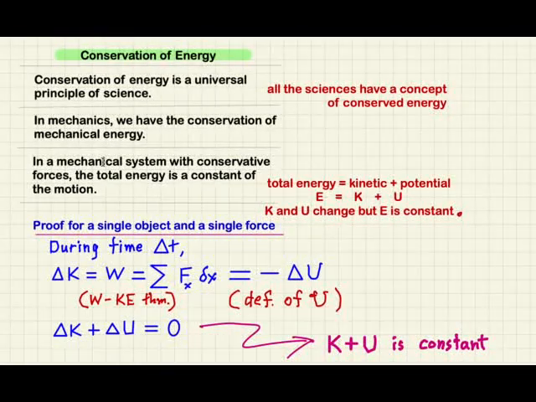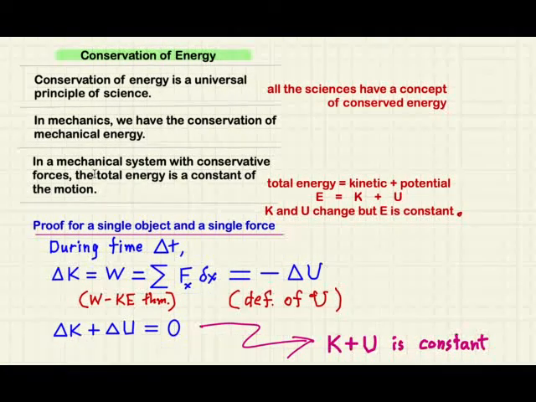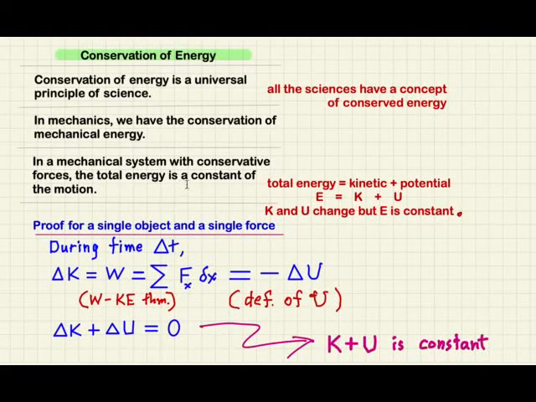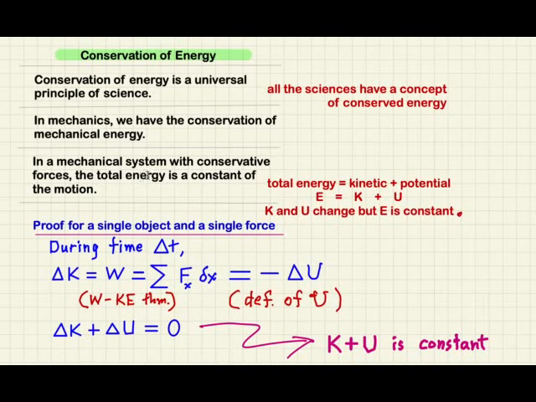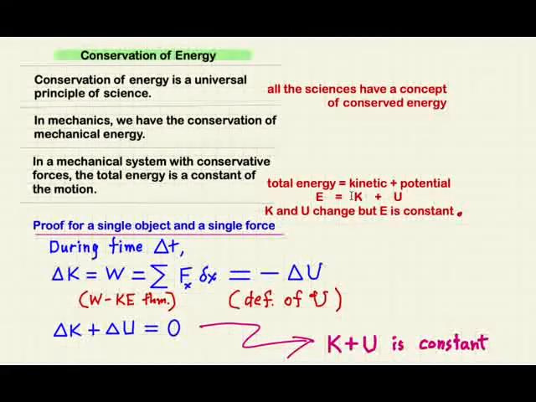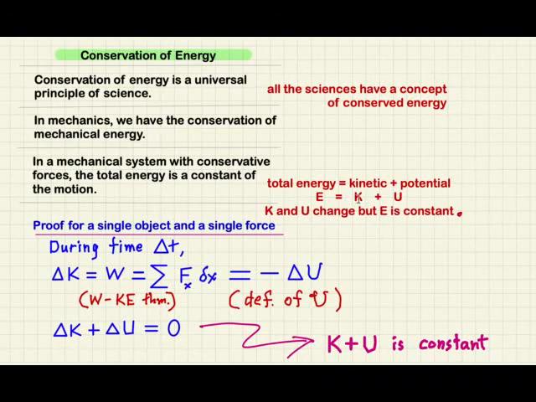Now, we'll mostly be interested in cases where the only forces acting are conservative. And then the total energy is a constant of the motion. When I say total energy in this way, I mean kinetic plus potential. So we have some kinetic energy in the system, 1/2 mv squared for every particle in the system.